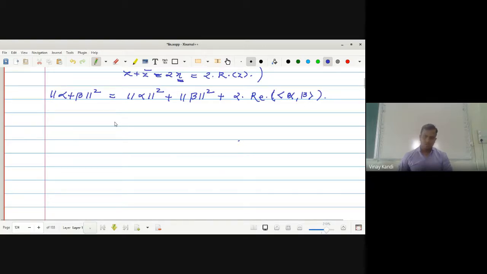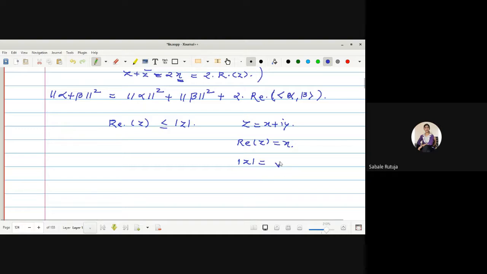Now what we know is that the real part of z is always less than or equal to mod z. Why? Suppose z is equal to x plus iy is the complex number. What is the real part of z? x. What is mod z?